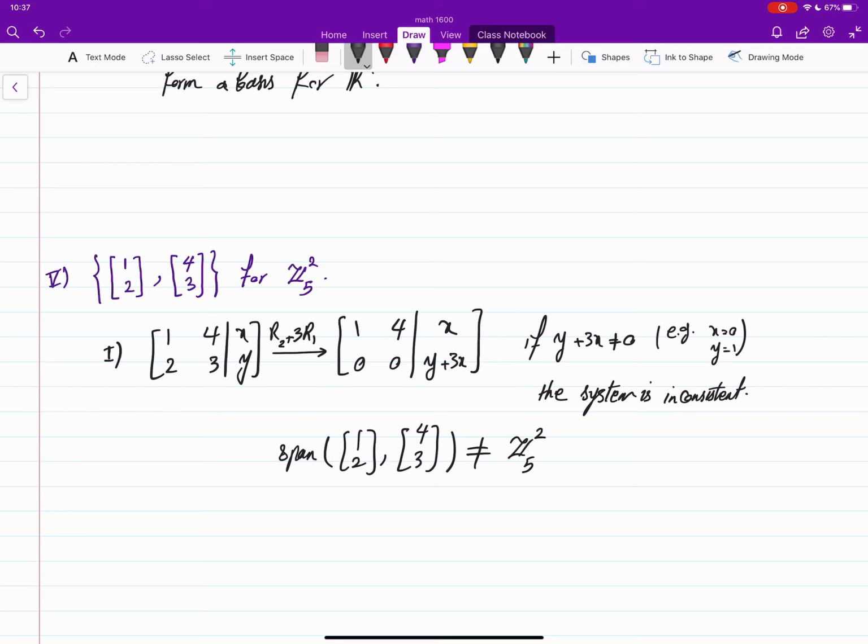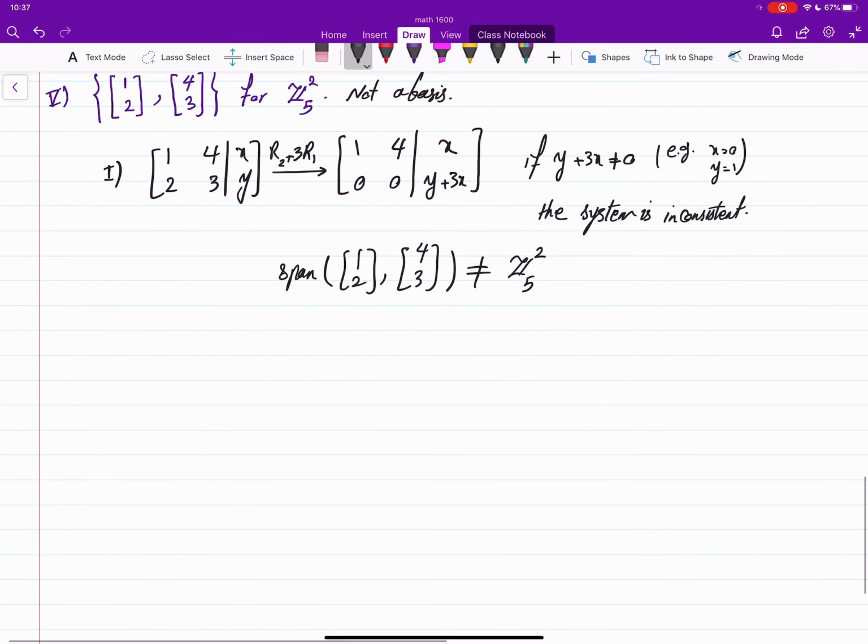So it's not a basis. So you see, now we are just checking to see if this is a basis or not. Later on, we will figure out a way to find a basis. And in more detail, we will see how this works.